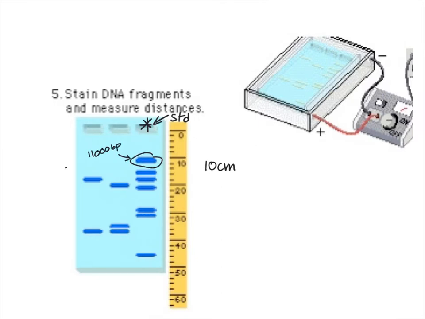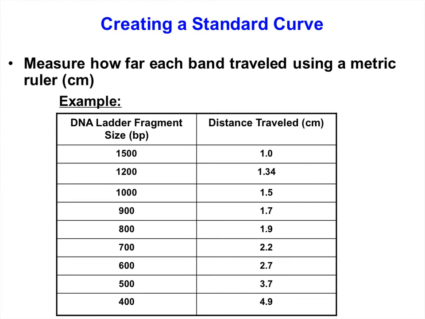You do this for the rest of the bands, and what you're going to generate are two numbers for each DNA band: the size of the band in base pairs, and the distance it migrated from the well. From there, you generate a table with these two bits of information, the size of the DNA fragment of the ladder or standard, and the distance traveled from the well.